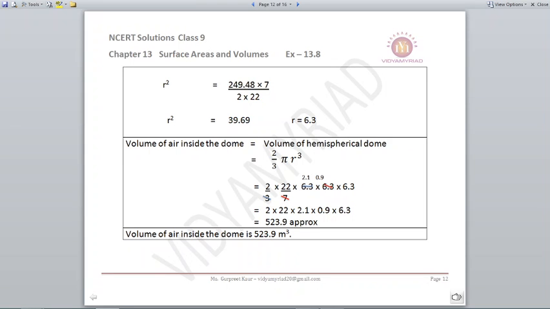Now we need to find out the volume of the air inside. That means it will be the formula 2 upon 3 pi r cube. Now what is the radius we are going to use? Radius will be 6.3. So when we solve this, we get 523.9 meters cube approximately. That will be the volume of the air that is inside the dome.